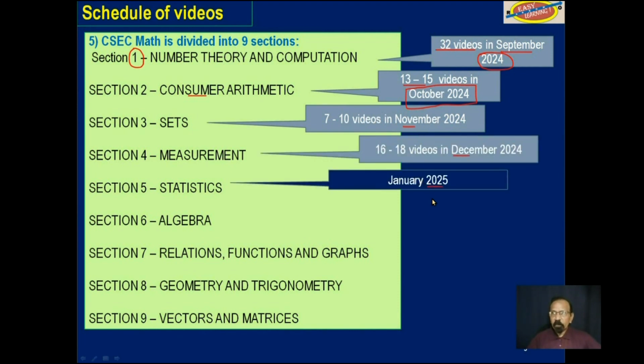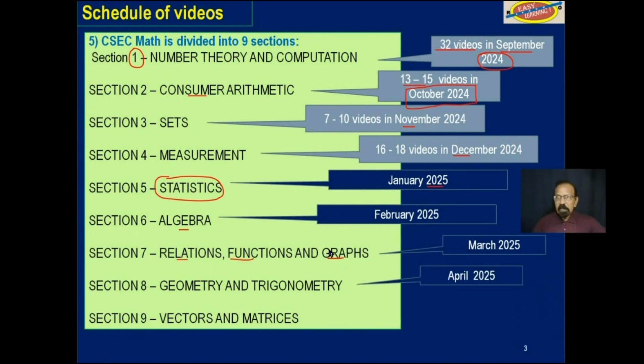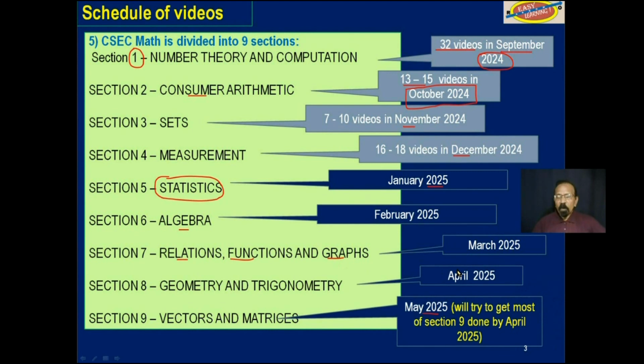In January 2025, should be at statistics, and then algebra in February, March, relations, functions, and graphs, and so on. Hopefully by May, early May, or even late April, I will have the complete set of videos uploaded.